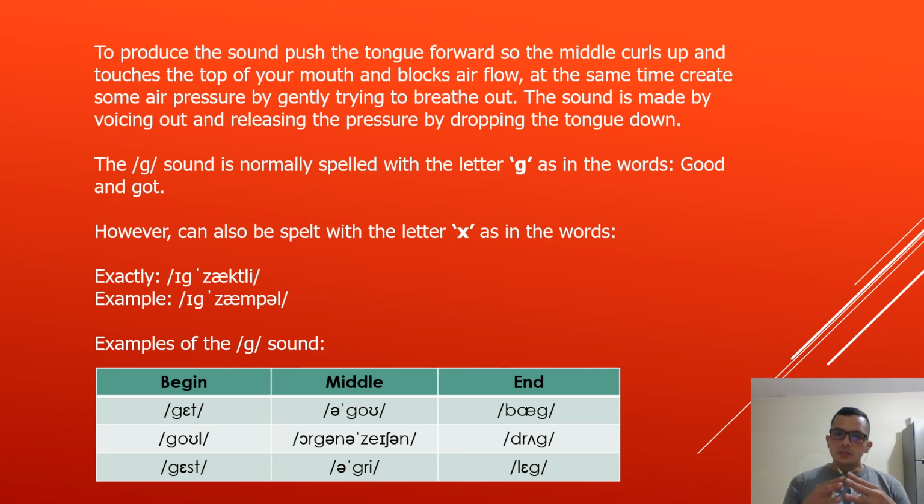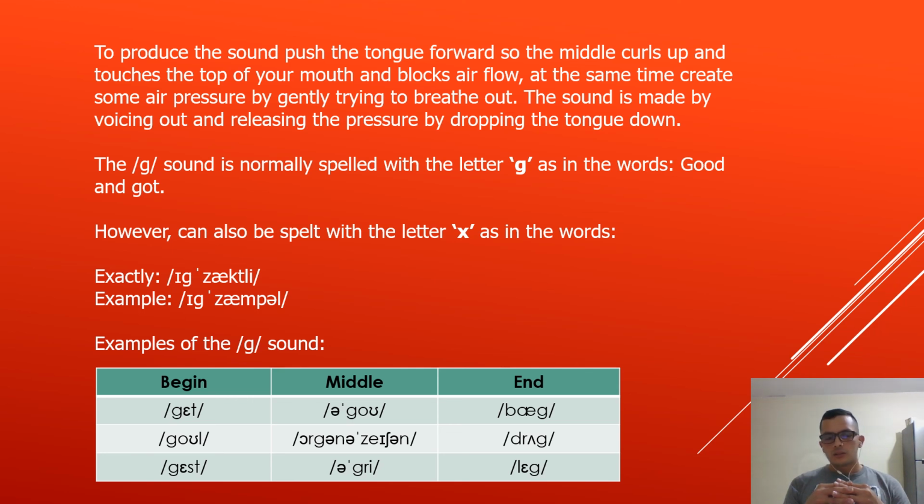The g sound is normally spelled with the letter G, as in the words good and got. However, it can also be spelled with the letter X, as in the words exactly and example. Now, some examples of the g sound. Here are some words that begin with the g sound: get, goal, and guest.